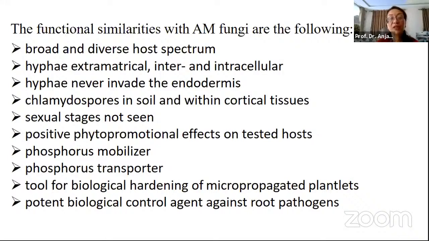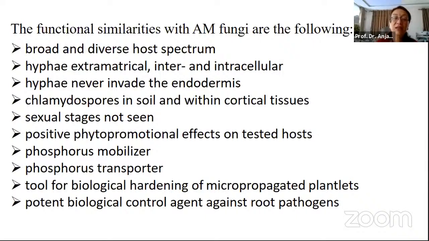It has positive phytopromotional effects on tested hosts, is a phosphorus mobilizer and phosphorus transporter, a tool for biological hardening of micropropagated plantlets, and a potent biological control against various root pathogens. It has been tested with various pathogenic fungi that cause wilting and so on, and it shows that Piriformospora indica inhibits the growth of these fungi.